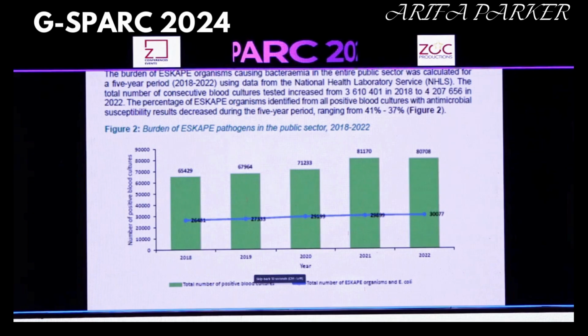So even though the burden of escape pathogens in terms of total number of positive blood cultures appears to be increasing, the total number of consecutive blood cultures tested increased year on year. So in other words, the percentage of escape organisms actually remained constant from 2018 to 2022.